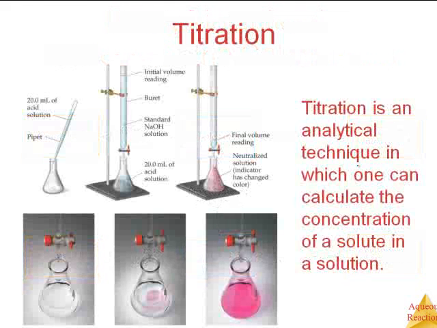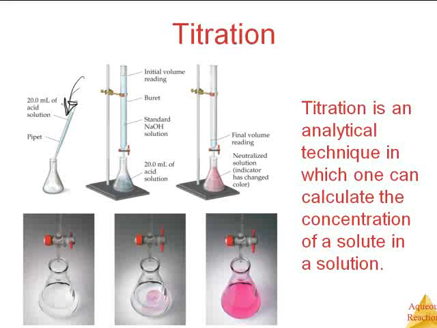Okay. Titration. We're going to be looking at titrations quite a lot this year. The important points to point out here: one, the solution that you want to know the concentration of, typically an acid or a base, most often an acid, but not always. You're going to pipette a certain amount into an Erlenmeyer flask.